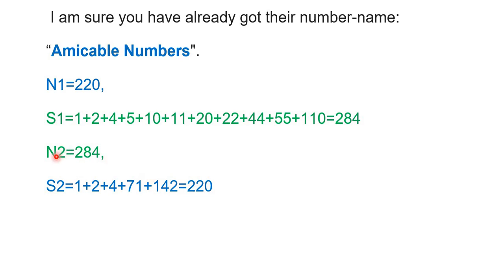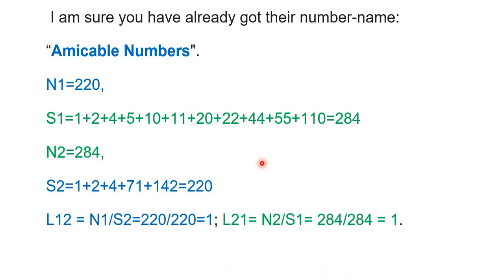Now, N2 is another number, 284, and S2 is interestingly 220. So here it seems that N2 you have chosen deliberately equal to 284. Yes, deliberately, but there is no guarantee that S2 would be the same as N1. But 284 is such a number that S2 is 220, which is the first. I have chosen different colors for that.